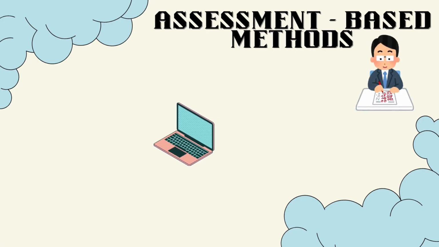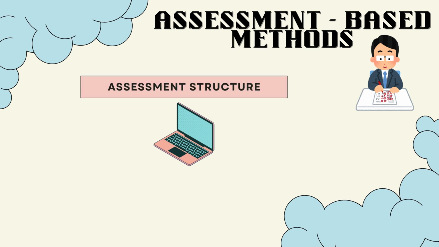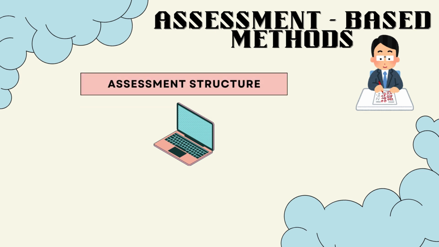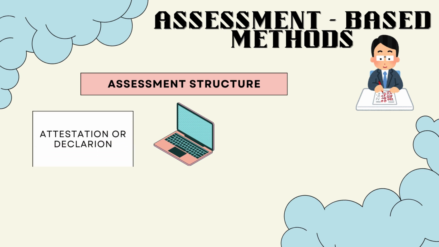Moving on, here are a few considerations for assessment structure and assessment presentation that can help to prevent cheating and facilitate academic integrity, particularly focusing on online exams. For assessment structure, first, prior to beginning an assessment, an attestation or declaration must be presented and acknowledged, outlining prohibitions during the assessment.